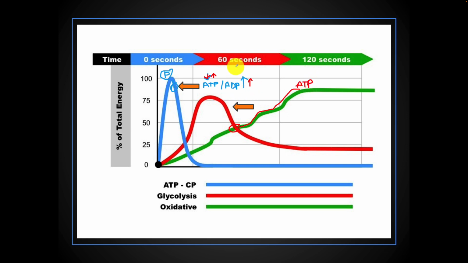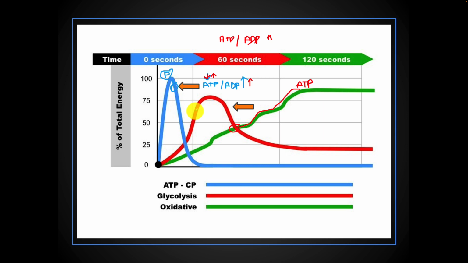And one of the major signals that tells a new energy system to come in is the change in ATP to ADP. So that ratio, right? And this is ADP. Once ADP starts to rise, that tells these other energy systems to come into play and to transfer.